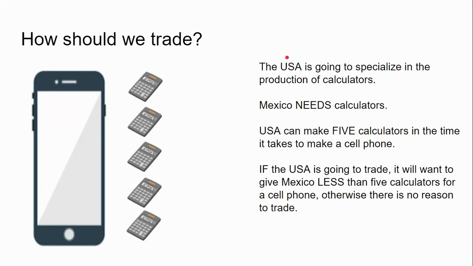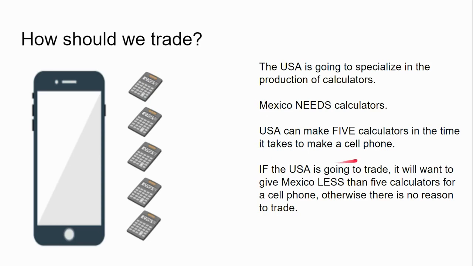All right, what about the USA? The USA is going to specialize in the production of calculators. This is what the USA is going to make. Mexico needs calculators. The USA can make 5 calculators in the time it takes to make a cell phone, right? If we went back to our schedule, we saw that the United States could make a single cell phone or it could make 5 calculators. And we've decided they're going to make calculators.